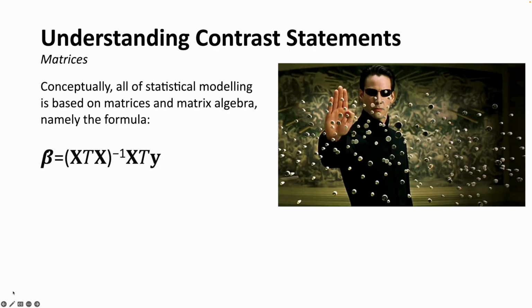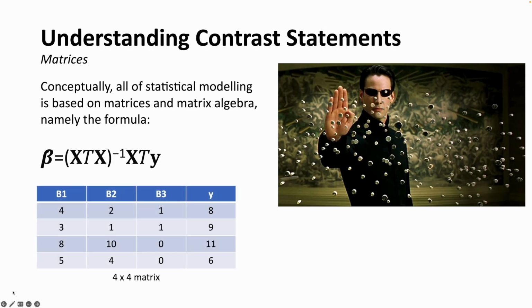So yes, the matrix does exist, but what we're really doing is developing a matrix of numbers for our different variables and looking at that in comparison to our outcome of interest, our y. So beta 1, beta 2, beta 3 are all of our different components of our regression, and y is our outcome of interest.